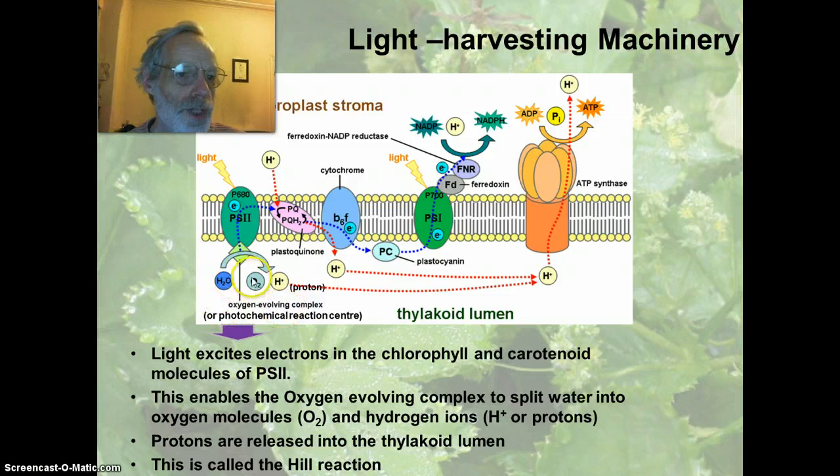Sometimes this oxygen evolving complex is called a photochemical reaction center. These protons are then released into the thylakoid lumen. So remember that this is the disc here, this is the inside of the thylakoid. This reaction, the splitting of water, is called the Hill reaction.